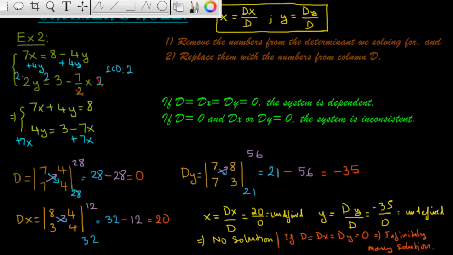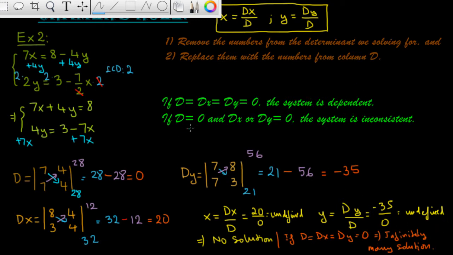So here are the two extra notes you need to write down. If D equal to Dx equal to Dy equal to 0, which is infinitely many solutions, then the system is dependent.